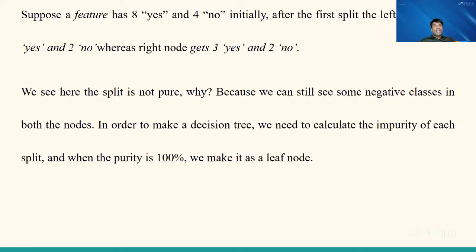After the model is built, based on the outcomes we build some more decision trees, and in those decision trees we again go for a voting. The most voted one becomes the outcome in the random forest. That is how decision trees and random forests are connected with each other.